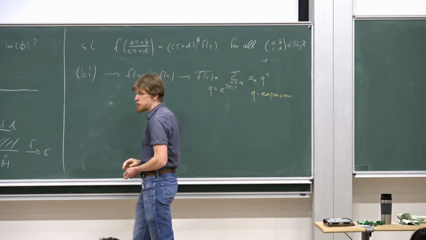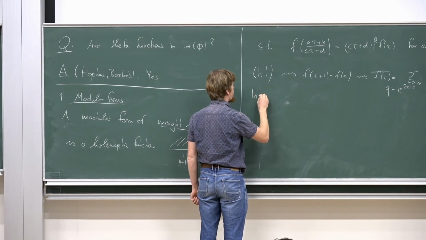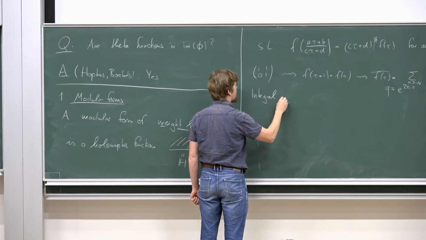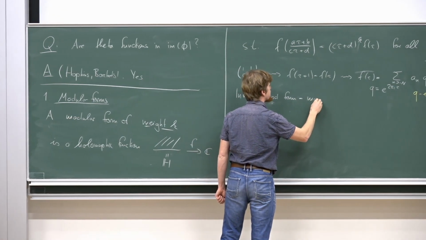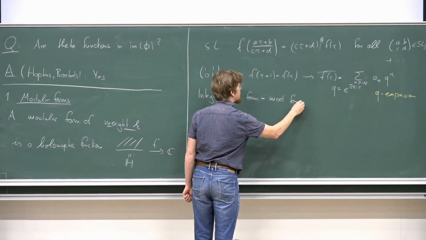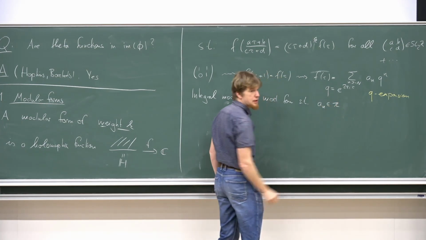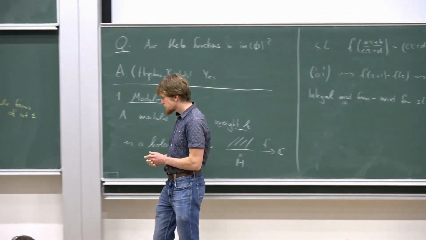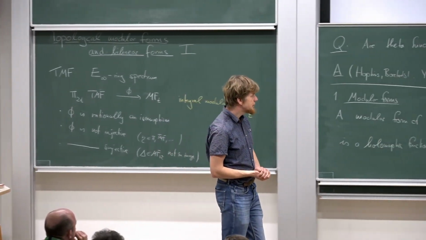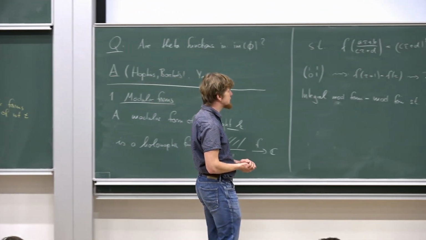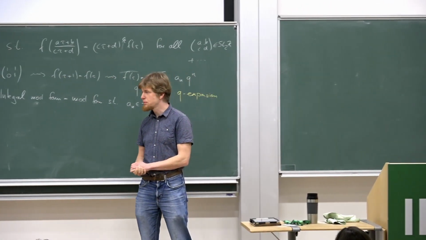And the first definition I want to give of an integral modular form is a modular form such that all a_n are in Z. So, in some sense, if you're like me, this is a bit of an evil definition because I have a limited tolerance for analysis, I have a limited tolerance for formulas.